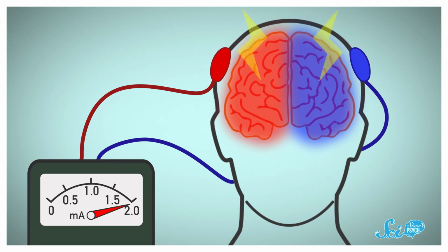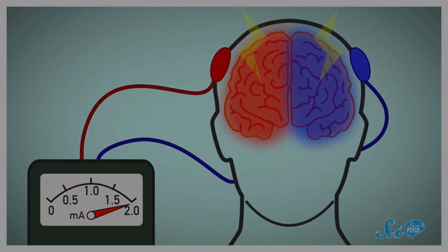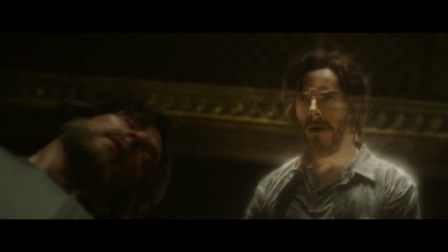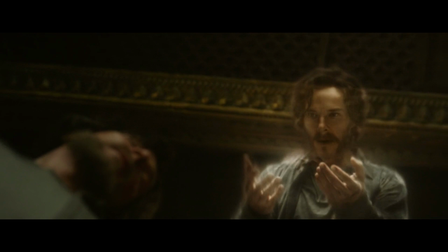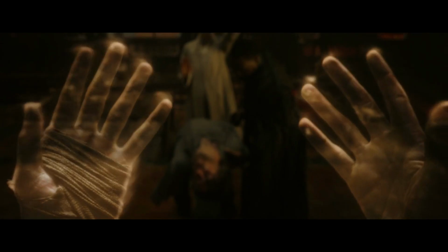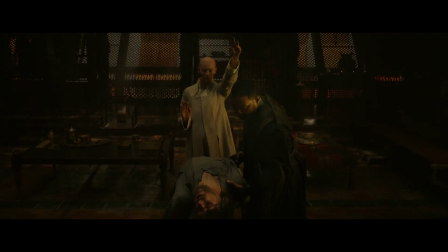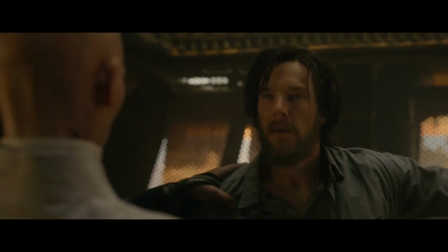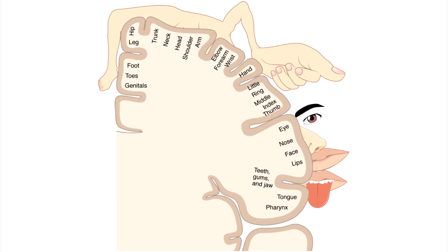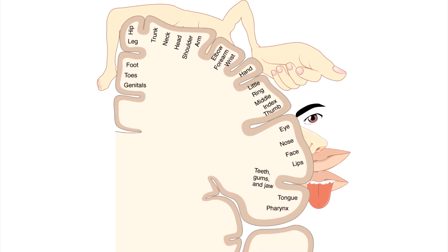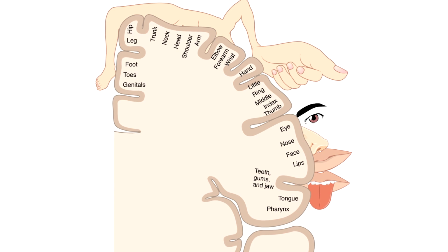What they found was that depending on where they stimulated the cortex, the patient would either report feeling a sensation in a particular part of the body, or a part of their body would move without their volitional input. By systematically stimulating different parts of the brain and recording what happened, they created these maps, which are themselves topographic maps that represent the findings of these neuroscientists.